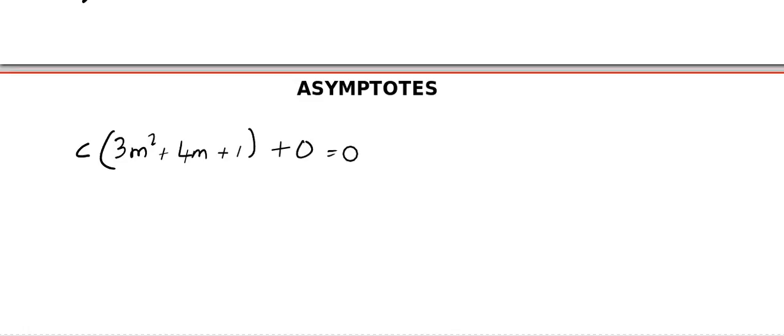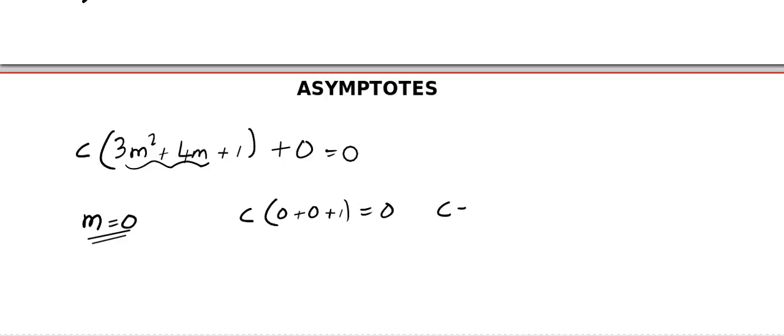Now that means if we put m equal to 0, the first value, we will get c into 0 plus 1 is equal to 0, or rather c equal to 0. Okay, so m equal to 0 means c equal to 0.